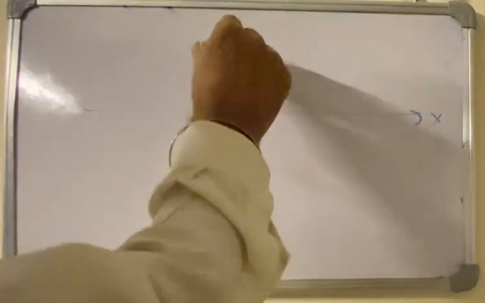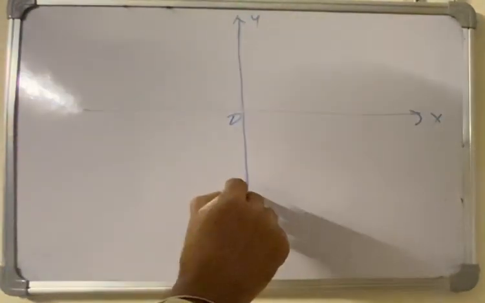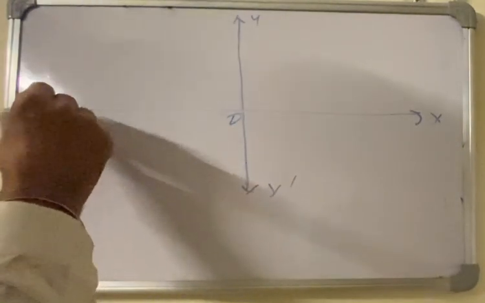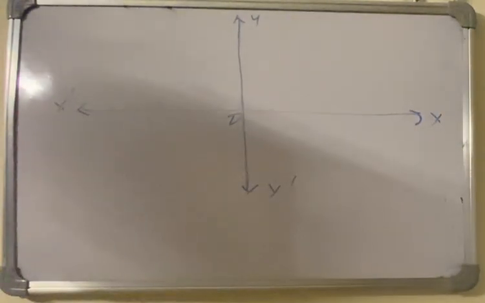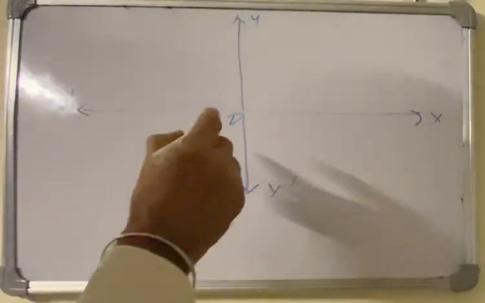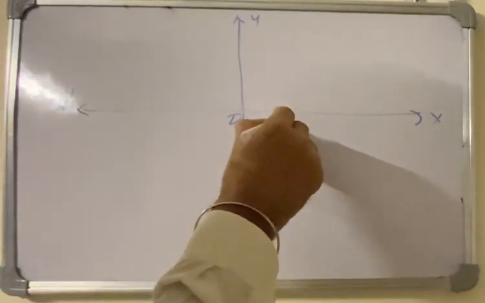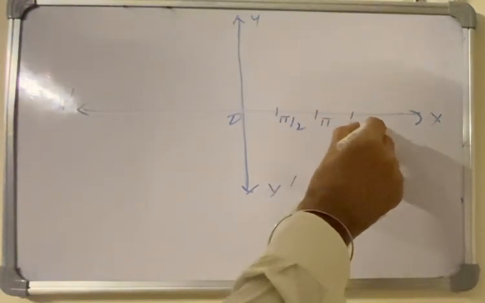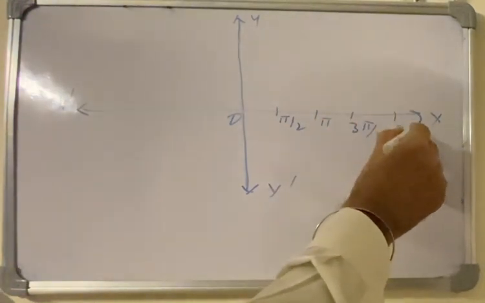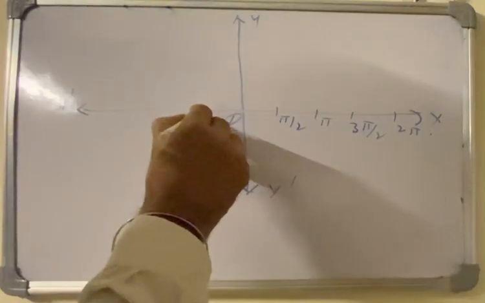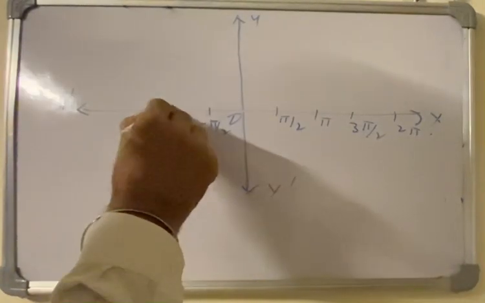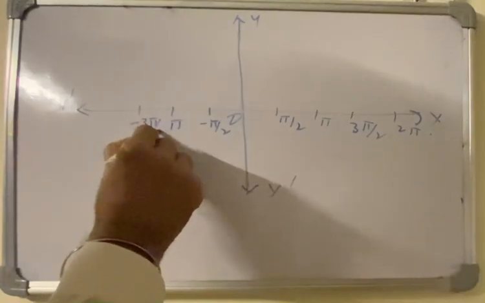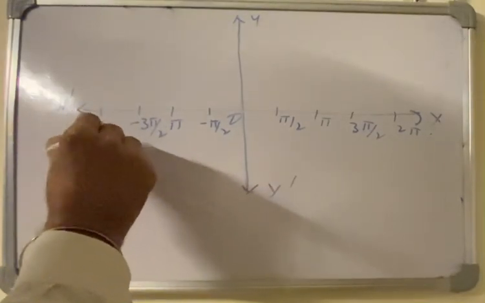These are two mutually perpendicular coordinate axes with vertex at origin. This is pi by 2, pi, 3 pi by 2, 2 pi. Similarly here, minus pi by 2, minus pi, minus 3 pi by 2, minus 2 pi.